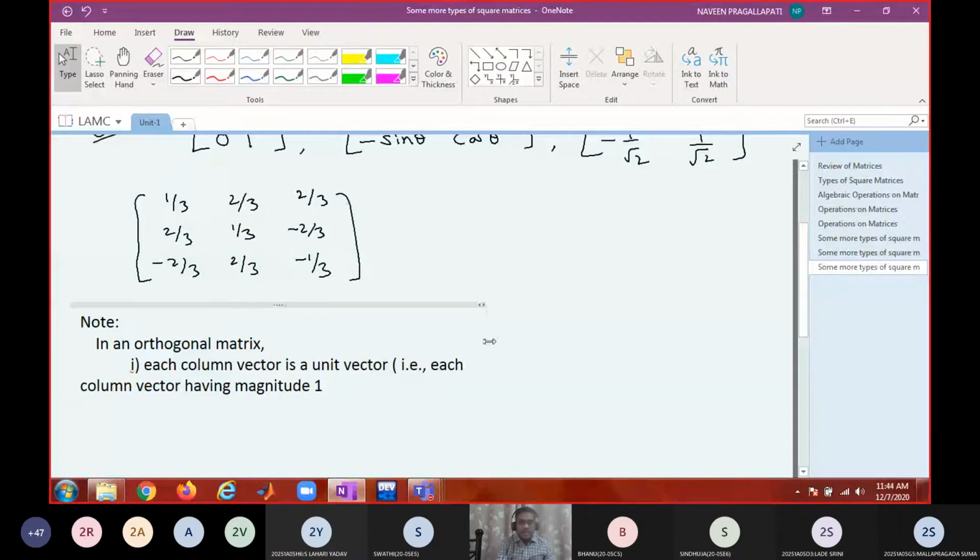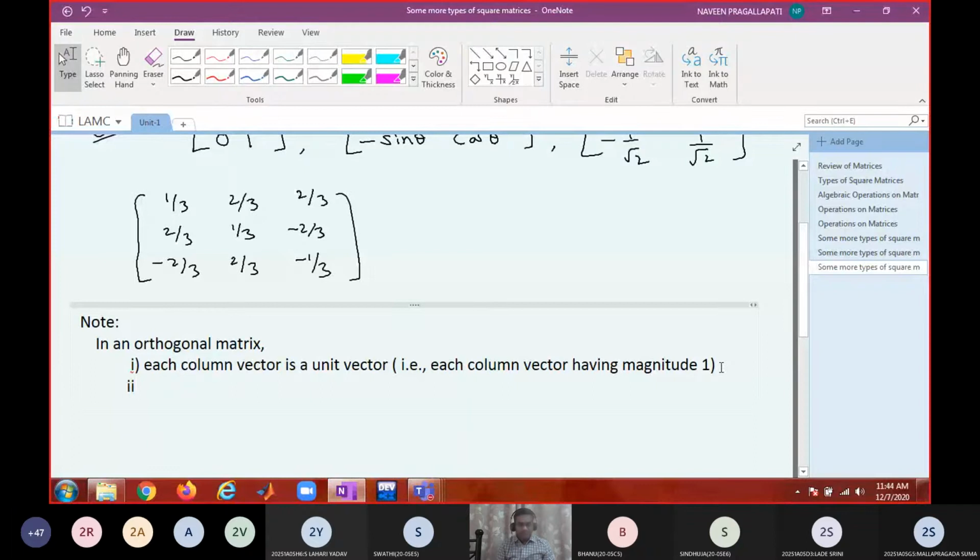The next observation we did: any two distinct column vectors are mutually orthogonal.